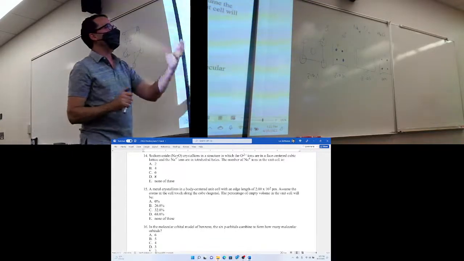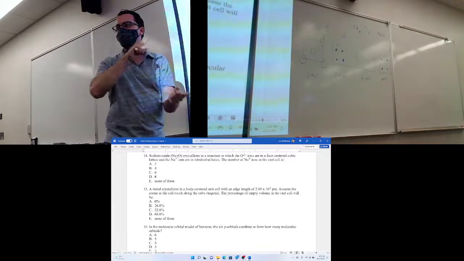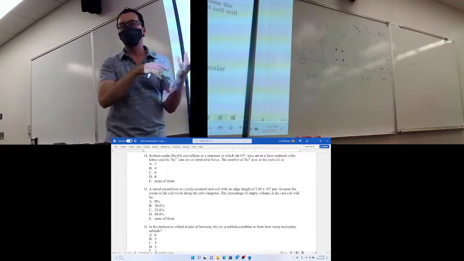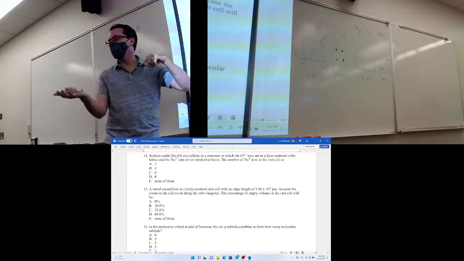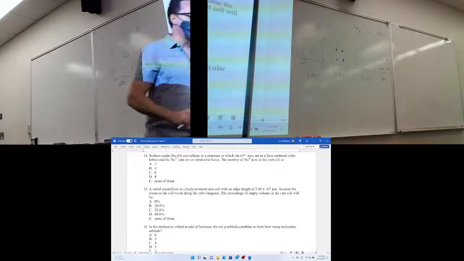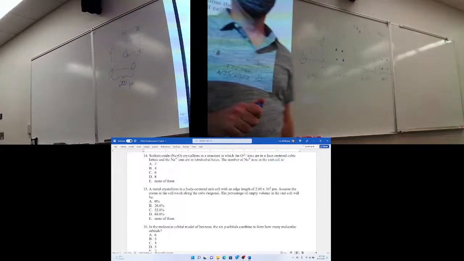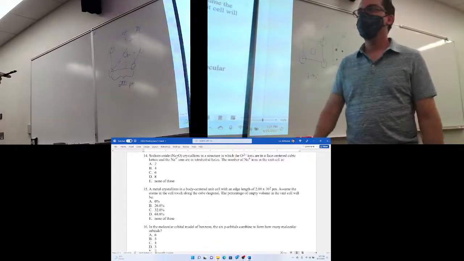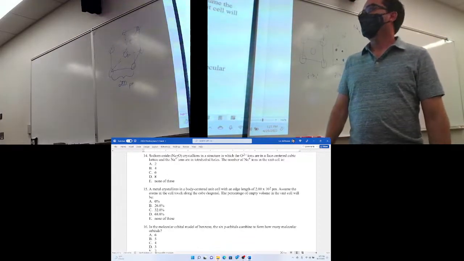So it's calculating packing efficiency and then doing the opposite. Instead of asking how packed this is, the question is how much empty space is left. So it's basically 100% minus the packing efficiency, which would be B, like you said. Well, wouldn't that be C? Because it's 68%. Sorry, C. That was correct. I don't think so. That's what I assumed.